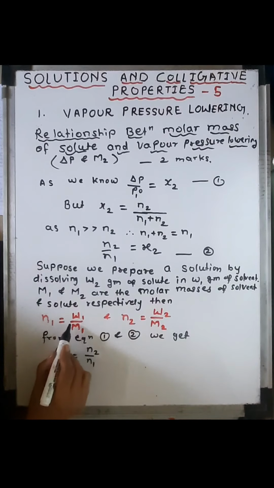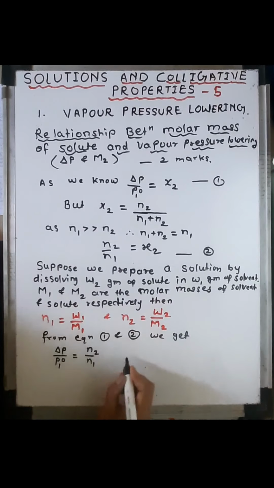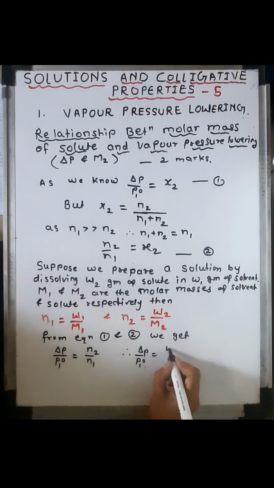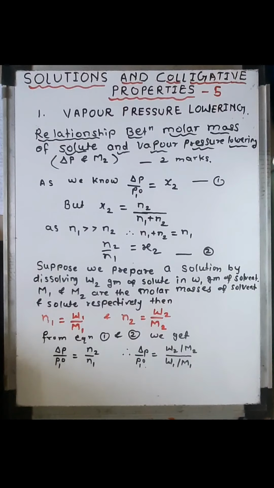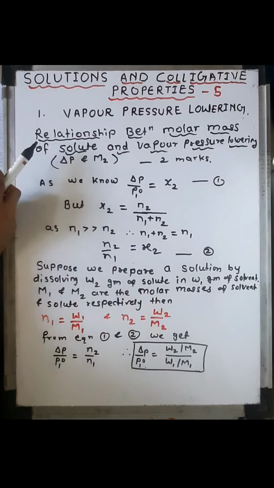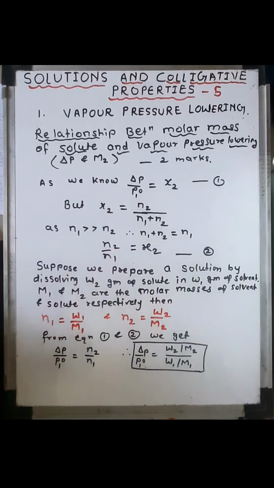Then putting these values in this equation, delta P upon P1° is equal to (W2 upon M2) upon (W1 upon M1), and this is the relationship between lowering of vapor pressure and M2.